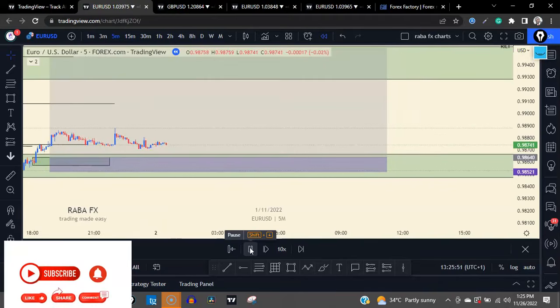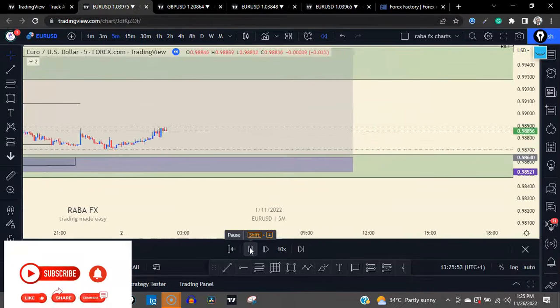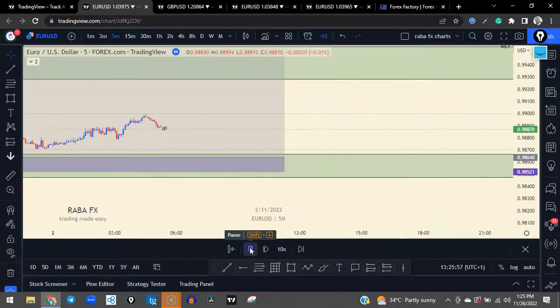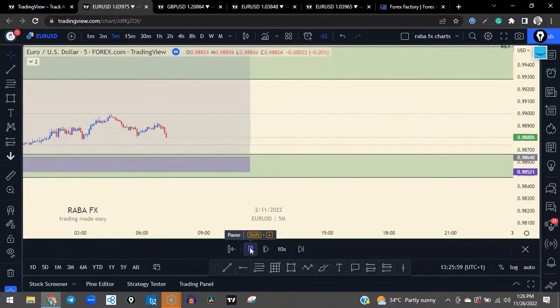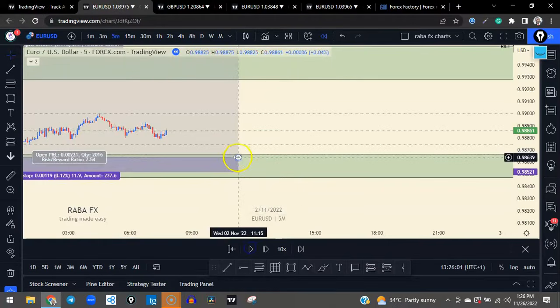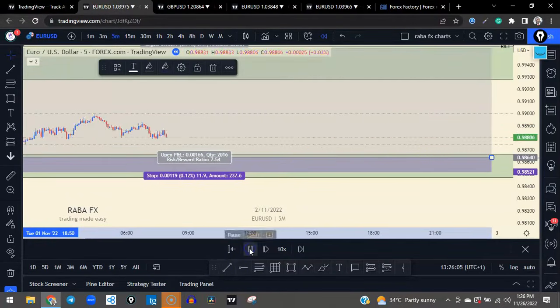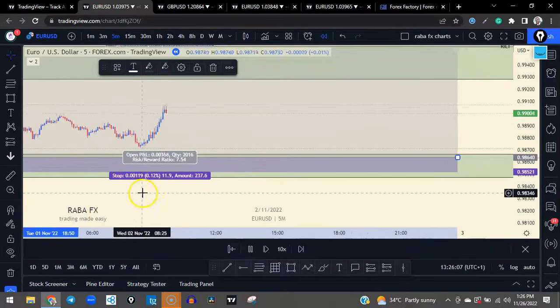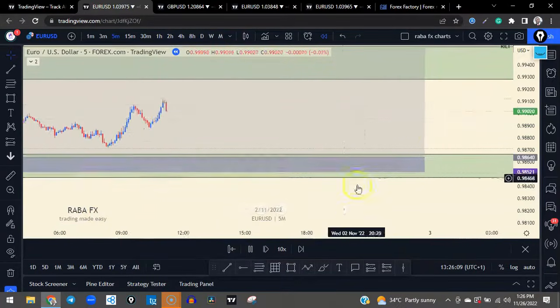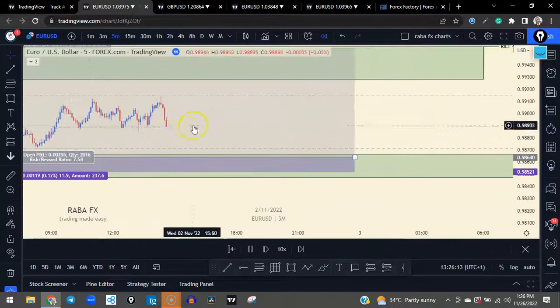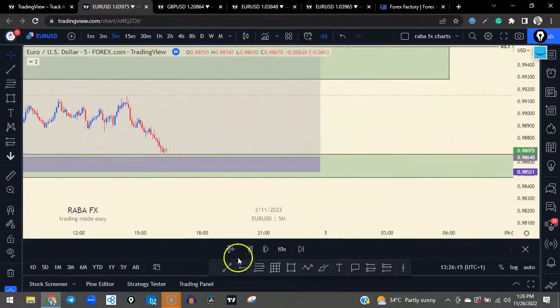You can put in your limit order, and you have to be patient, please. Let's extend this, and then let's watch price. Now, do not FOMO. Wait for your trade setup to come in.